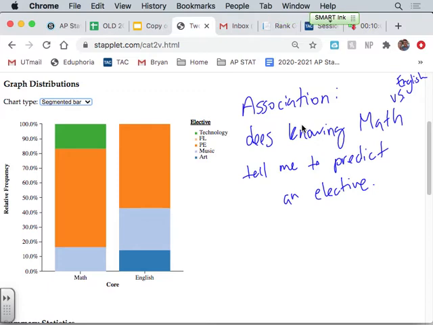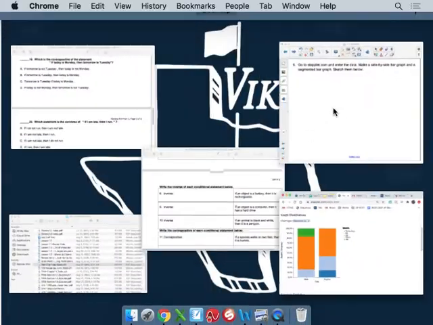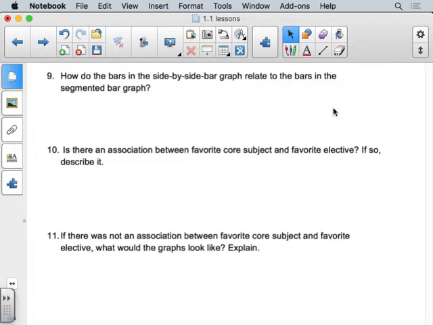Off the top of my head, I'm probably going to say that there is an association, because I was going to come back over here. So, is there an association between favorite core subject and favorite elective?